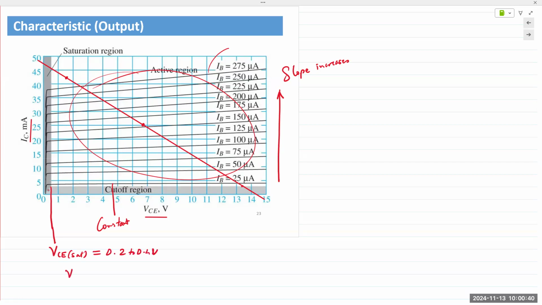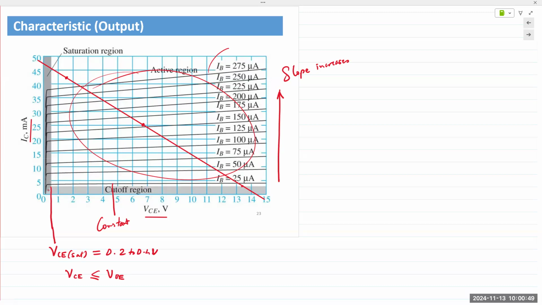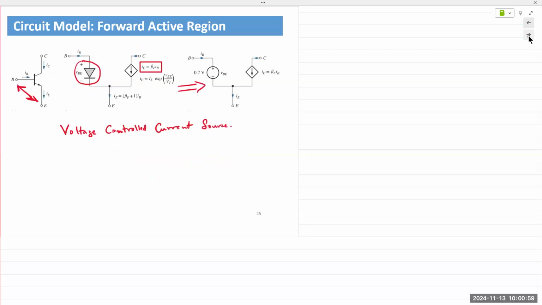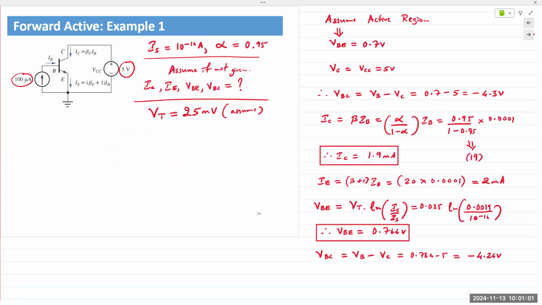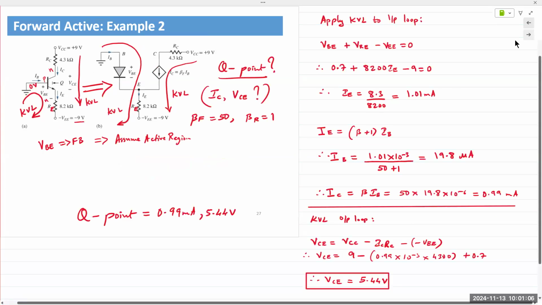Okay, in saturation, VCE is less than VBE. If VCE is higher, around somewhere here, then it's an active region. And so that's also an indicator that our assumption is indeed correct. Okay, all right, for the next one, 5.44 volts.